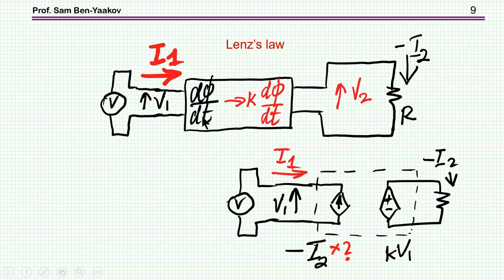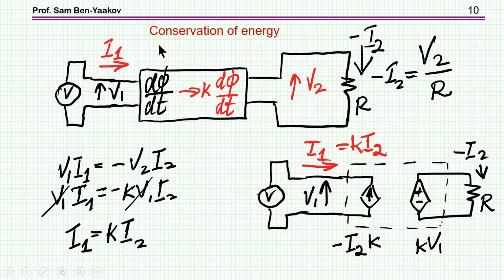So we understand that there's going to be a current here at the primary due to the current in the secondary. About the magnitude, the easiest way is just to go back to the conservation of energy principle, which means that V1 times I1 is equal to V2 times I2, from which we get that I1 must be k times I2.